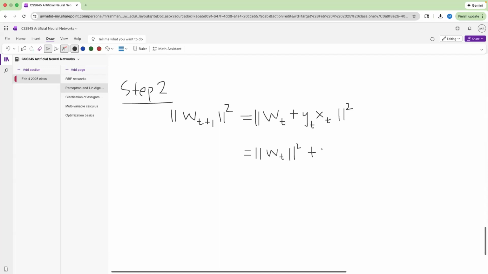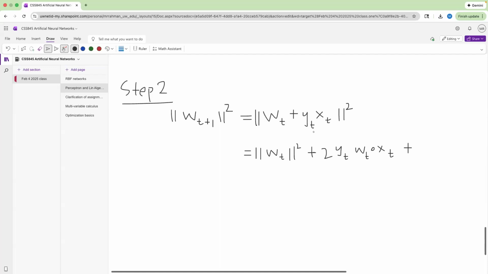So it's going to be 2 times Yt, which is a constant, and then we just have a dot product between Wt and Xt. Okay. And then what is the last term going to be? Anyone? Yt Xt the whole squared. Exactly.